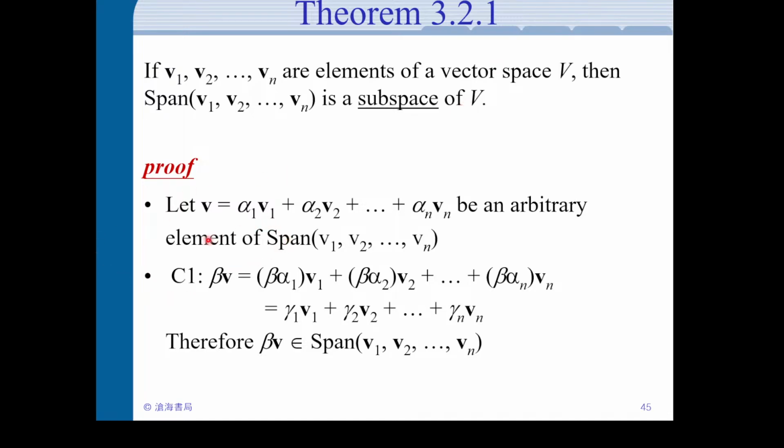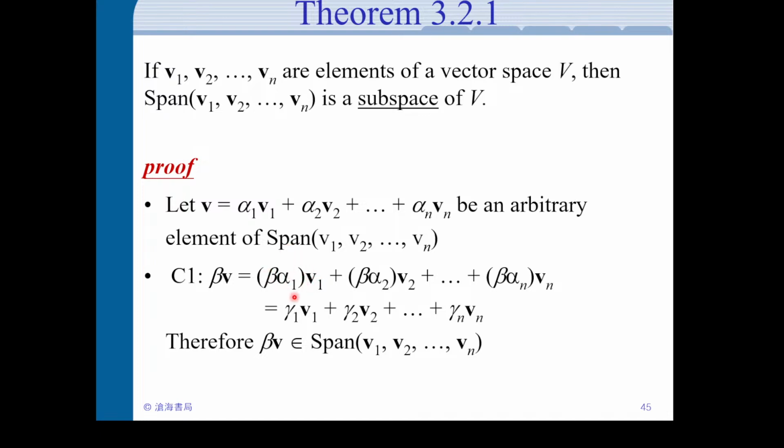C1: we have any vector inside this span, and we know by the definition it is this linear combination, alpha 1 to alpha n linear combination. And we do a scalar multiplication on it. Then, by the distributive rule, you can distribute this beta onto every linear component. So it will become beta alpha 1 V1, beta alpha 2 V2, all the way to beta alpha n Vn.